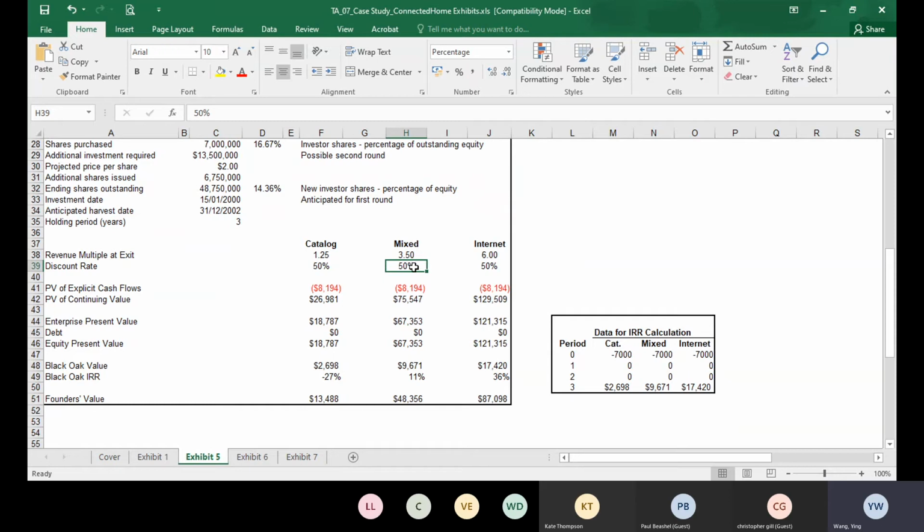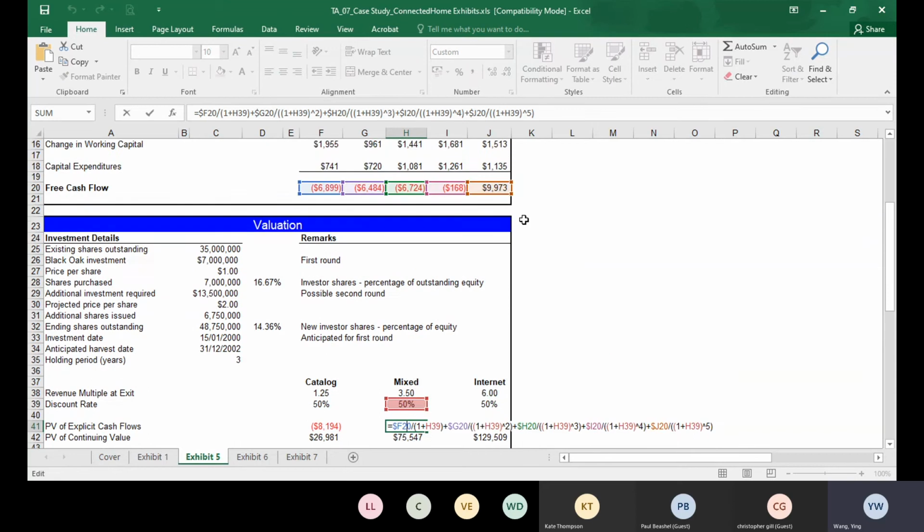If it is a normal business running, it wouldn't be set this high. But here you could say that's the opportunity cost the venture capitalists try to seek. So that's 50%. The present value of the cash flow is the sum of them discounted back.